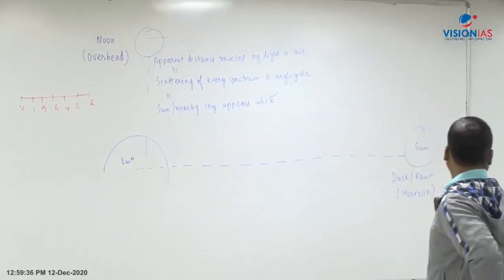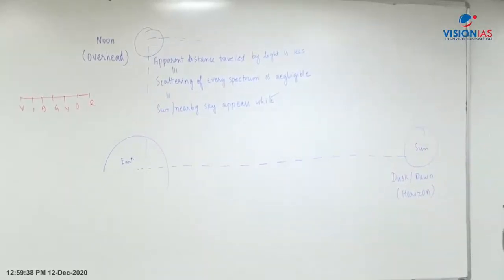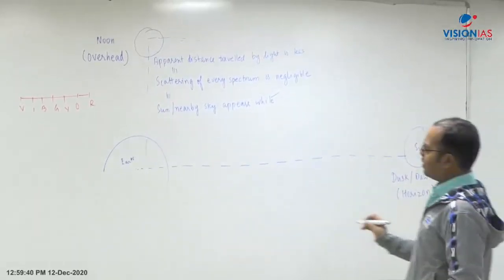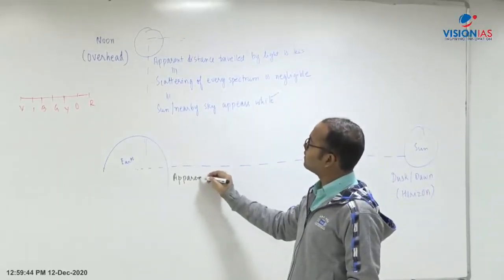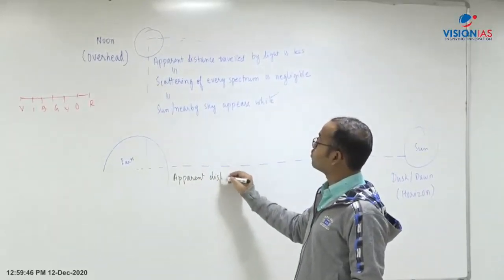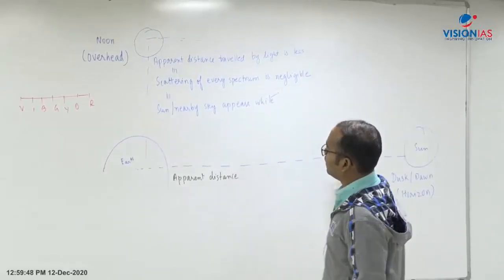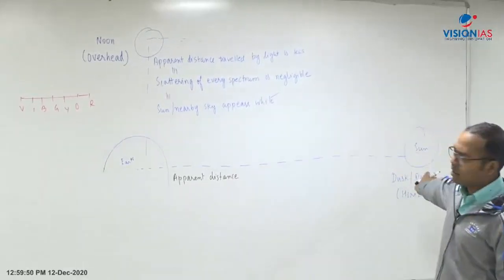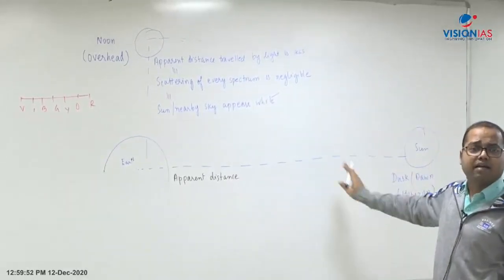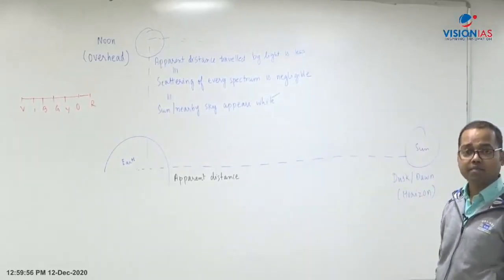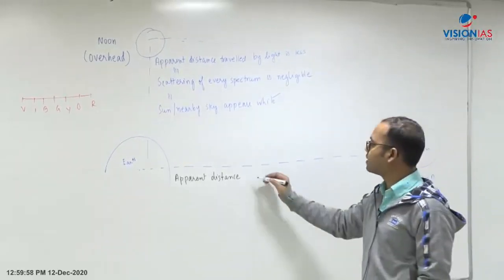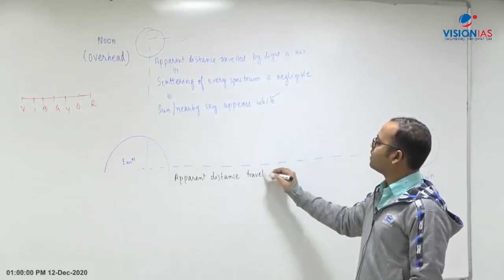But if the sun is at the horizon, means dusk or dawn, here the apparent distance will be so much, okay? Because the light comes in slanted, and slanted means curved. Curved light will be traveling more distance. So the apparent distance traveled by light is more.